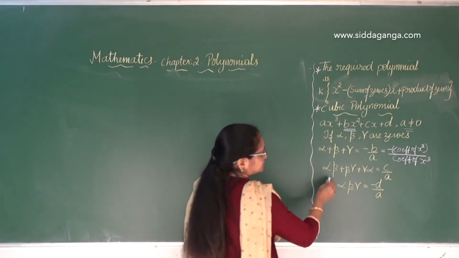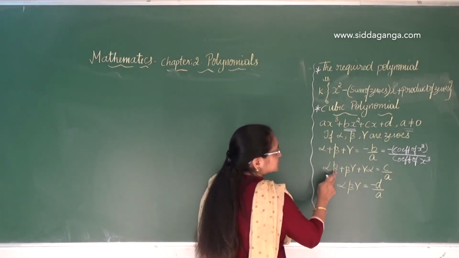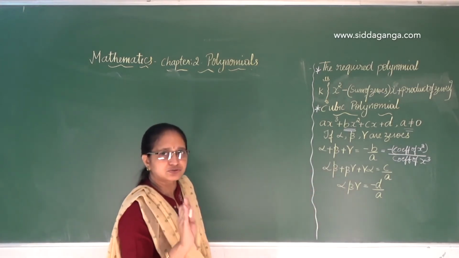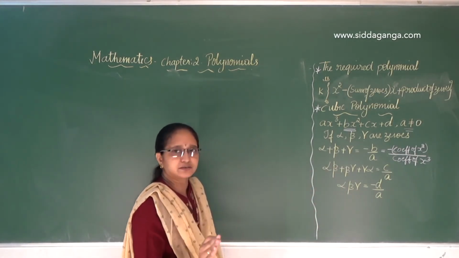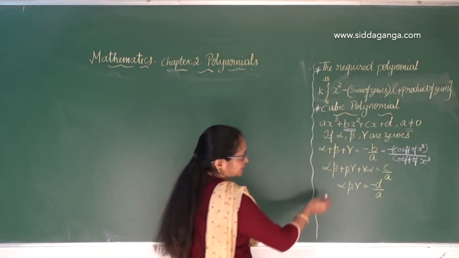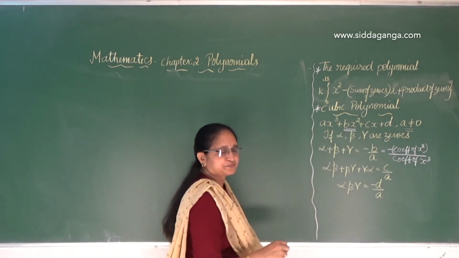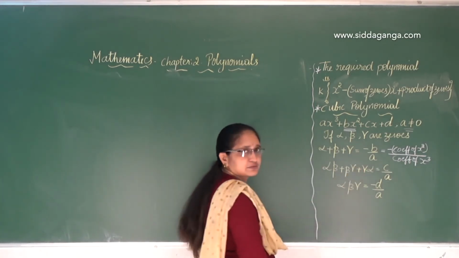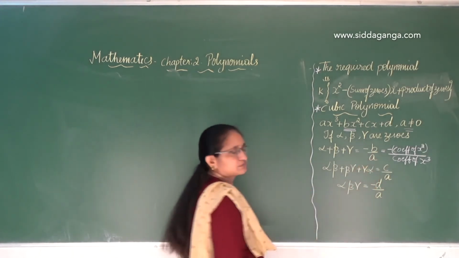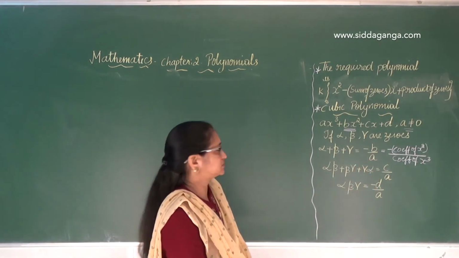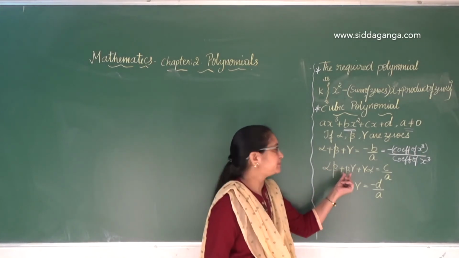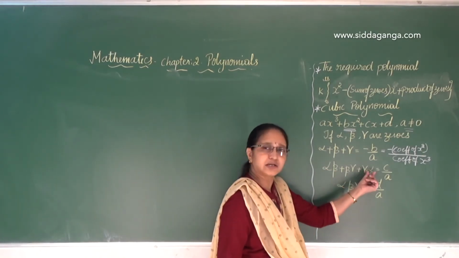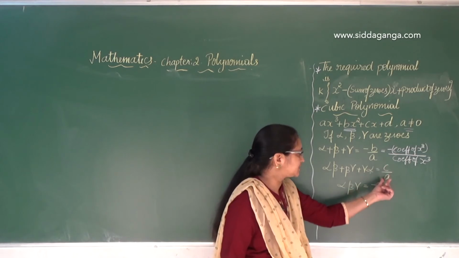Same way here, you should take 2 zeros at a time. I hope I am clear. 2 zeros at a time means here alpha beta, beta gamma, gamma alpha. Yes, alpha beta plus beta gamma plus gamma alpha is equal to c by a.